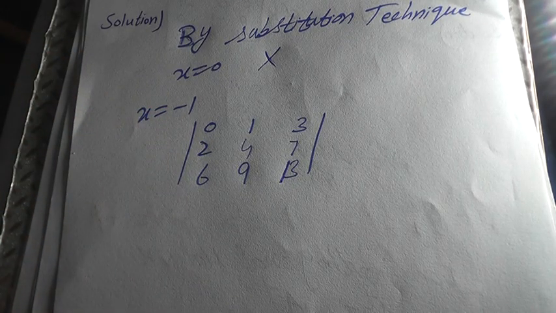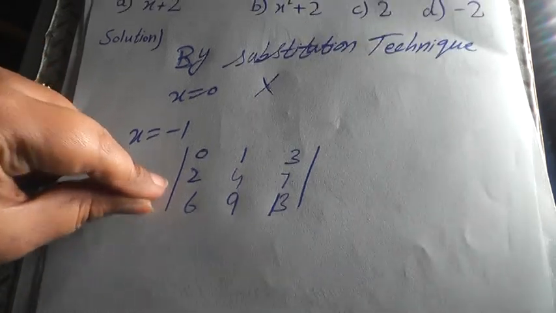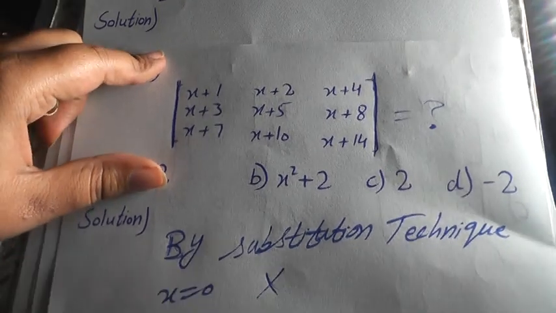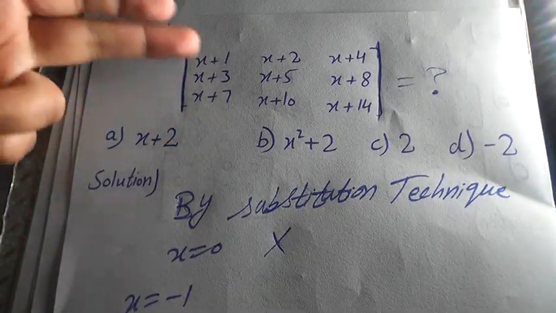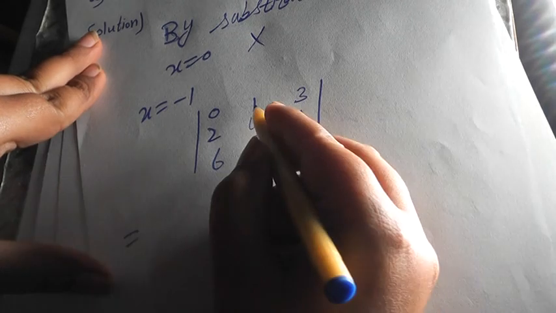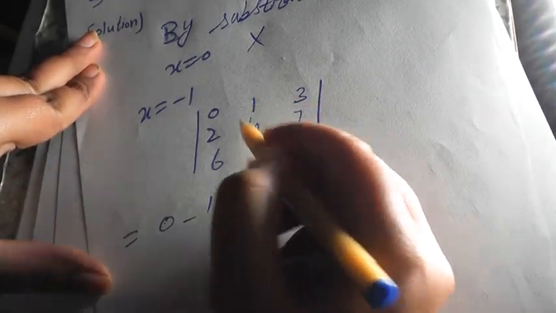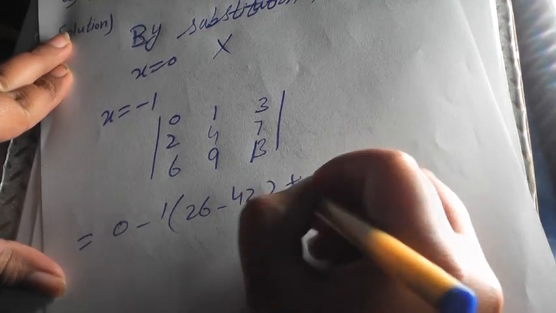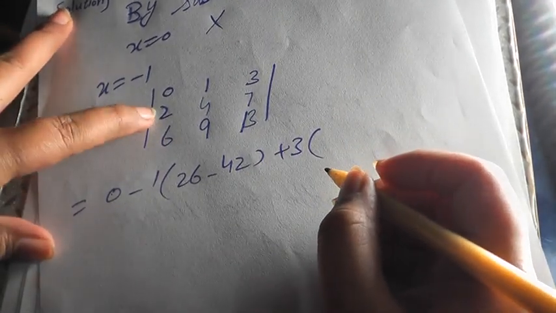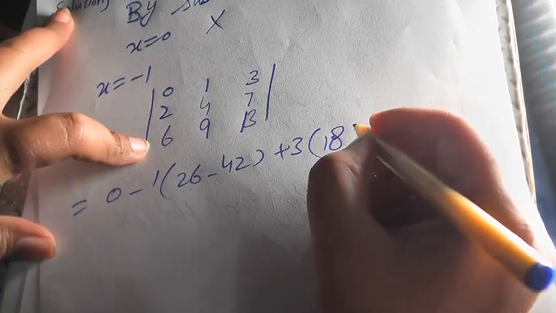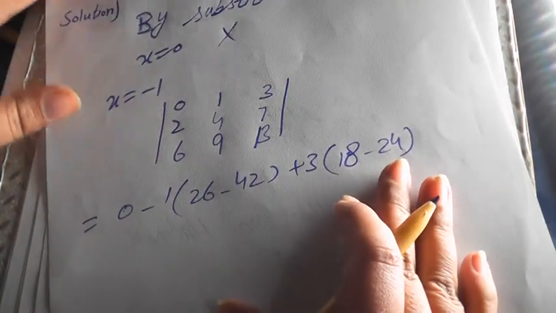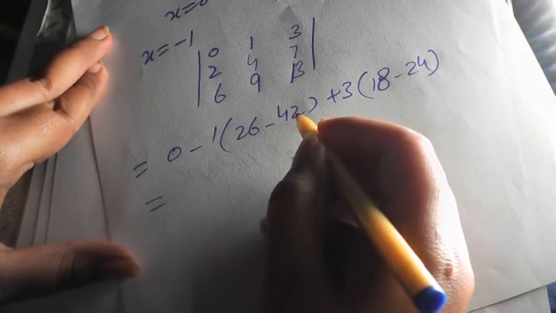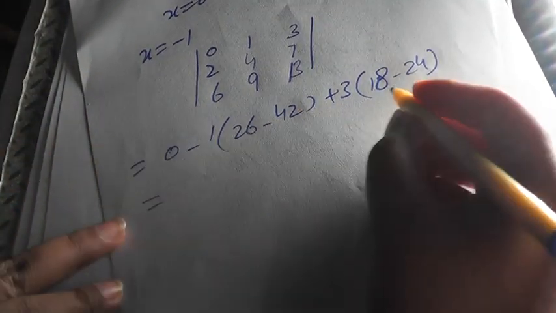So calculating the determinant of this matrix is very easy, rather than finding the determinant of the given matrix in x plus 1, x plus 2 form. Let us expand from the first row: 0 into 0 is equal to 0, and minus 1 into 2 into 13, 2 into 13 is 26, minus 7 into 6 is 42, plus 3 into 9 into 2 is 18, minus 6 into 4 is 24.